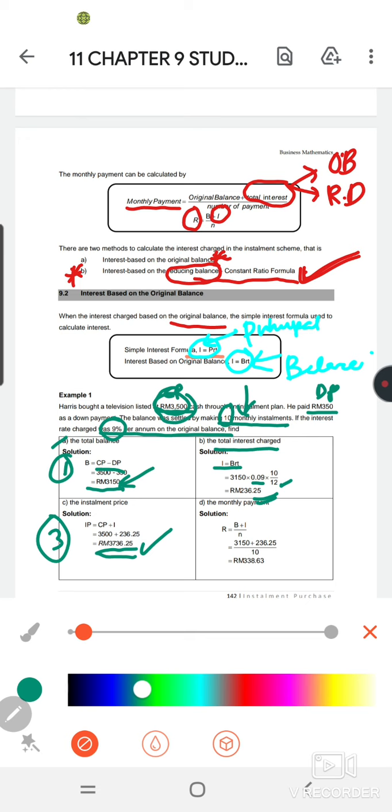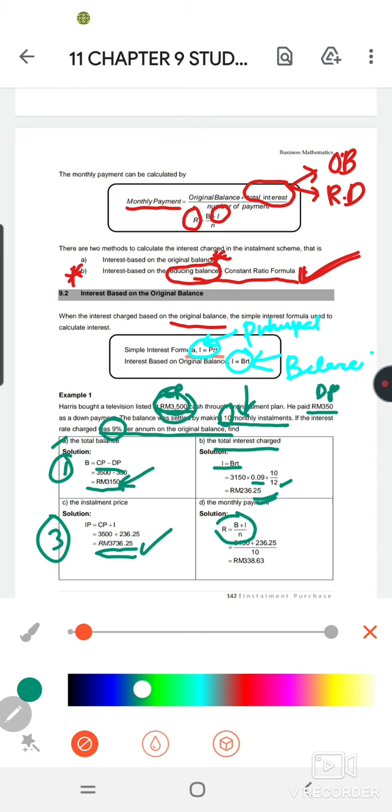Okay, then monthly payment means how much payment you have to make every month to settle over 10 months. So we use the formula R equals B plus I divided by N. So the balance is 3,150, plus the interest 236.25, then divide by 10.